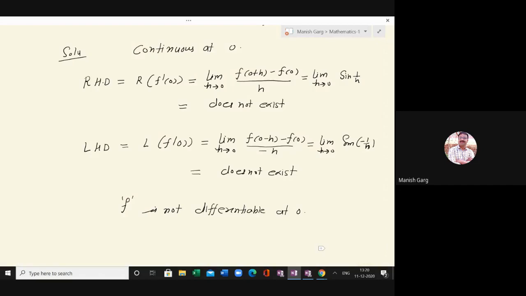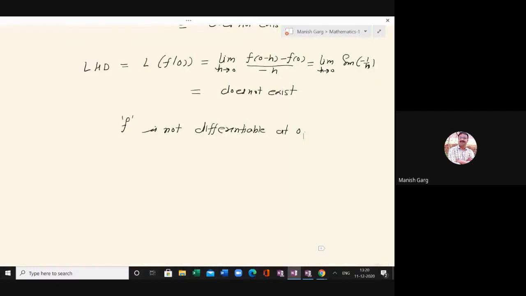So here I did two questions where the function is not differentiable, but the function is continuous. So let us do one more interesting question which is based on differentiability. Let f(0) is equal to 0 and f dash 0 is equal to 1. This is given.